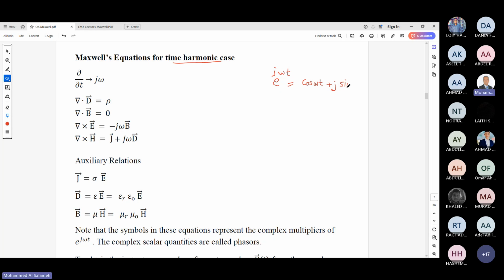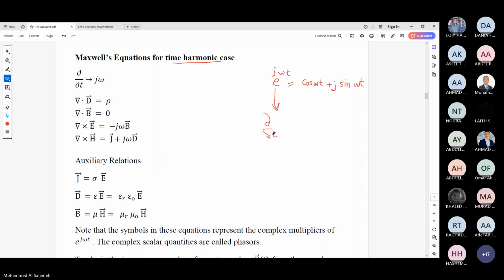So if you take the real part, it will be cosine omega t. So we replace cosine omega t by exponential j omega t. If you differentiate exponential j omega t, what's the derivative? It is the same multiplied by j omega.